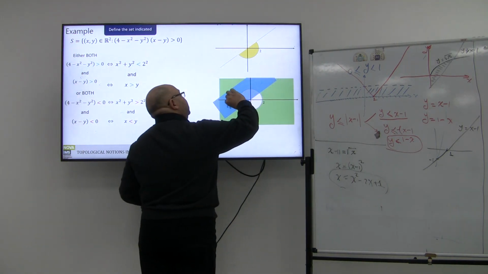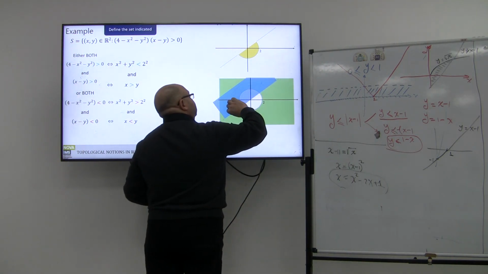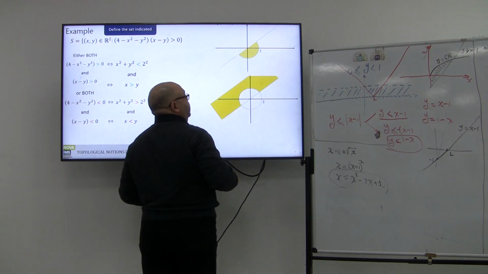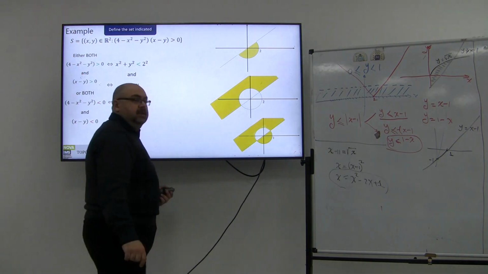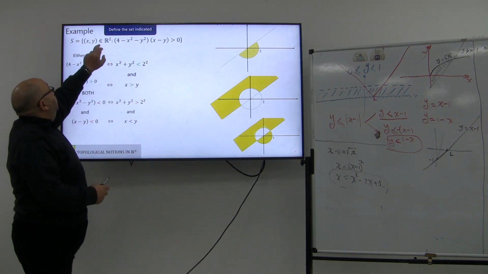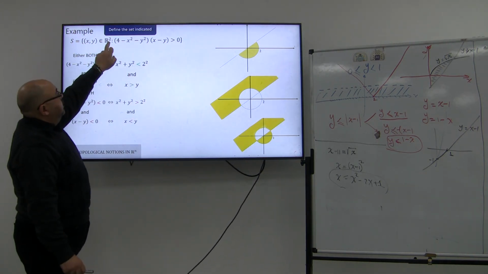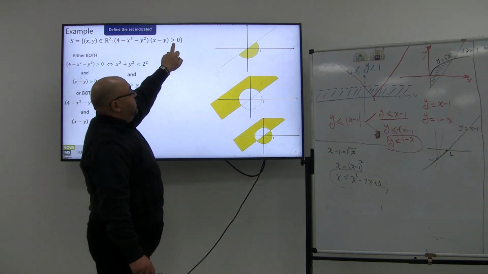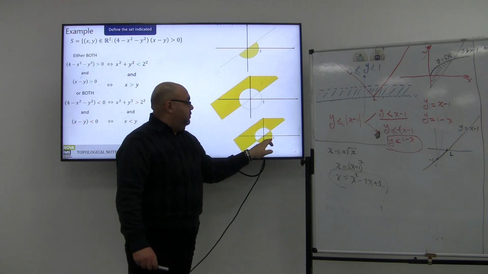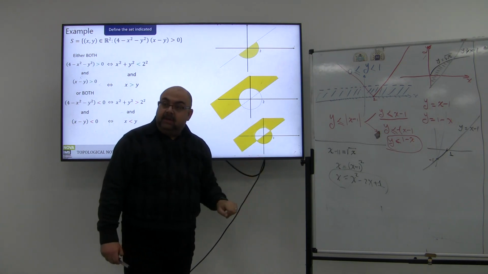See? This is my set. Then I will combine them together. That's the set that I'm talking about: (x,y) belongs to R squared such that (4 minus x squared minus y squared) times (x minus y) is greater than 0. This is the set representing what we are saying.